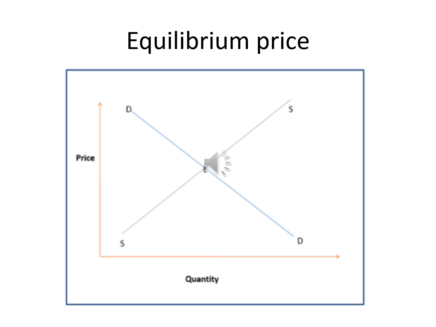Equilibrium price is found where the demand curve and supply curve meet. It is marked with an E on the graph.